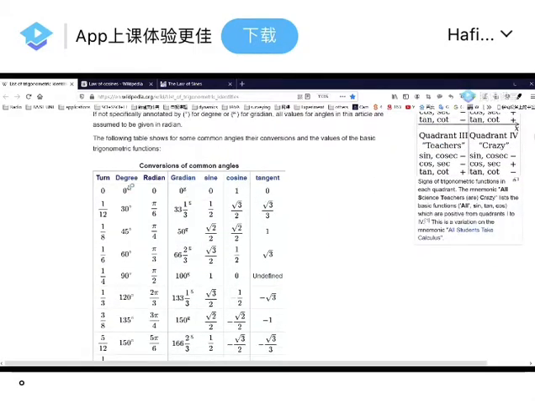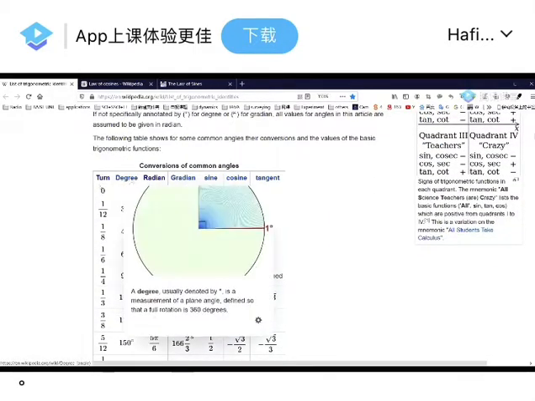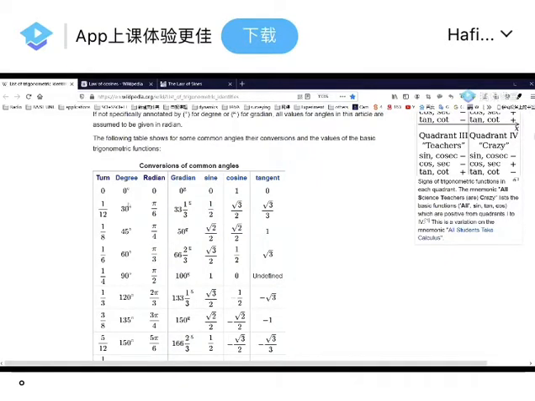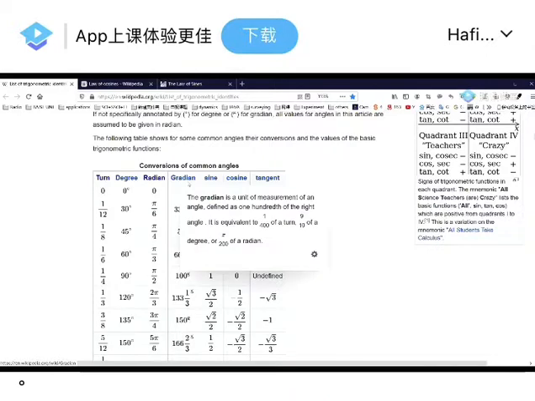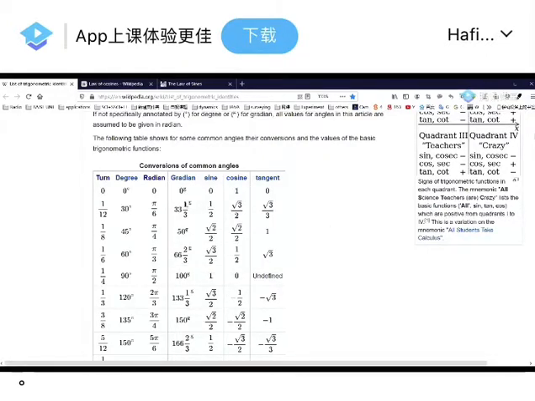You basically have two kinds of measurement: degree and radian, and the other one is called gradient. In principle, people use degree and radian all the time. This is about the length of the arc, the inclined angle in comparison to the arc.